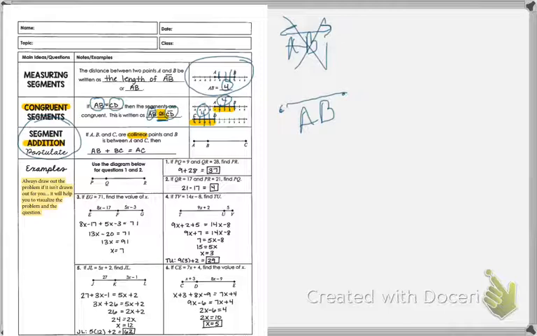And then it tells you that B is between A and C. So if I didn't have that picture drawn for me, it said A, B, C are collinear and B is in between A and C, so I already know B is in the middle and A and C are my endpoints.